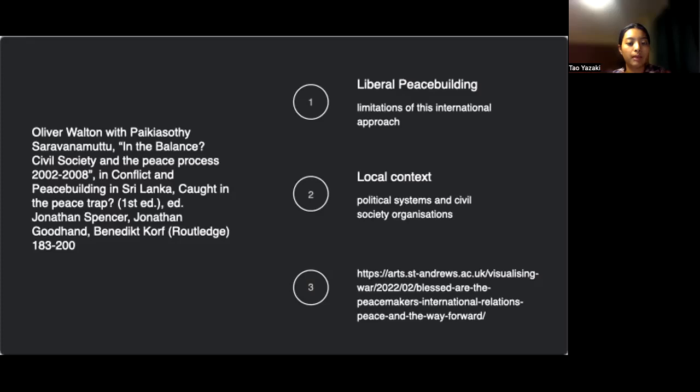Sri Lanka, at the time of peace building, had a very centralized political structure, as well as very strong grassroots civil society organizations that were built along religious lines, for example.